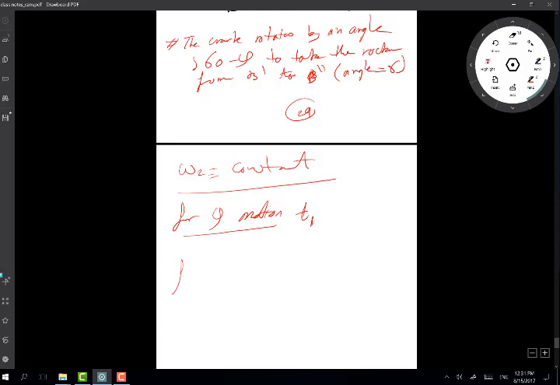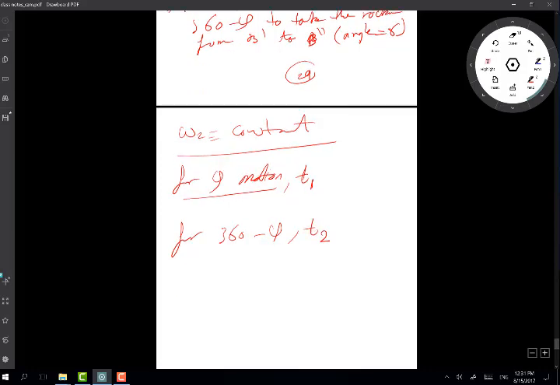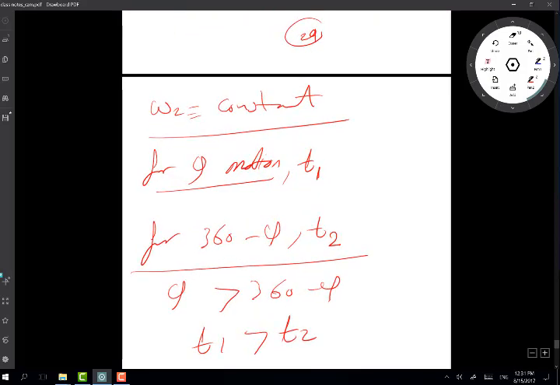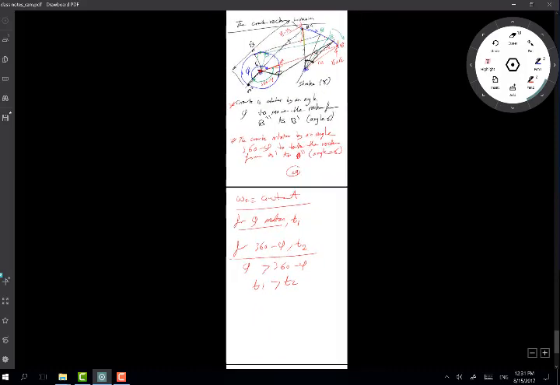And for 360 minus phi, I have another time which is t2. Since phi is greater than 360 minus phi, this means T1 is greater than T2.